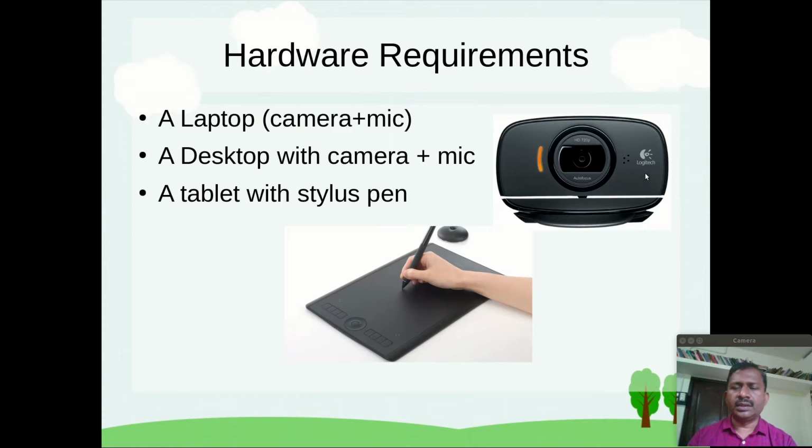This is a Logitech webcam with mic, plus it has an autofocus feature. This will be a USB interfaced kind of camera. So you can directly plug into the USB port and it will be automatically detected.